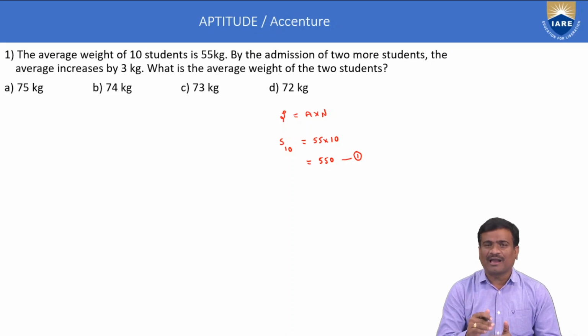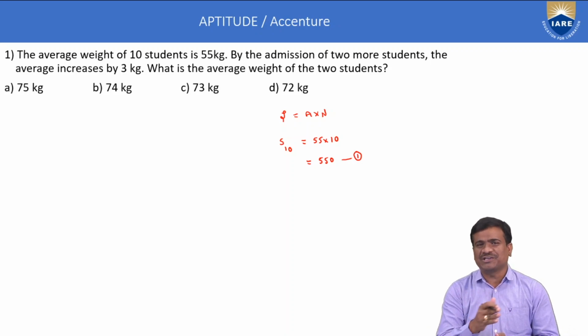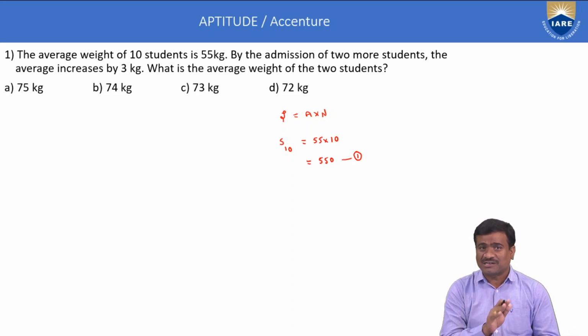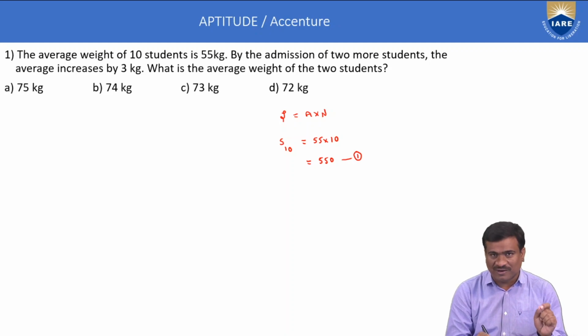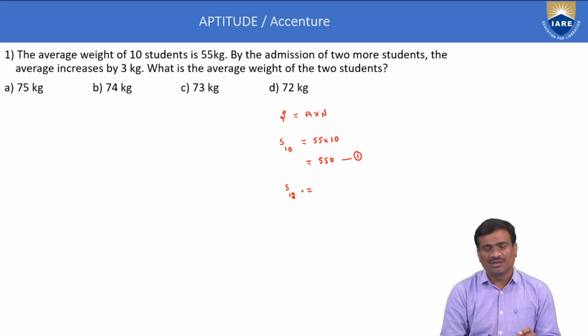Second statement, again calculate sum of n observations. Method same, average into number of persons. But in the second statement, 2 more joined, so number of persons is 10 plus 2, 12. Therefore, sum of 12 students, the average increases by 3.